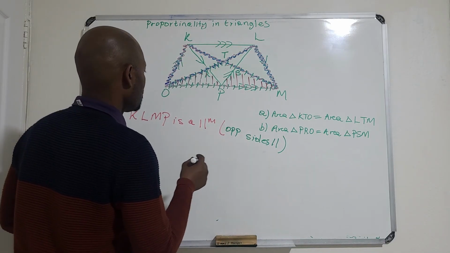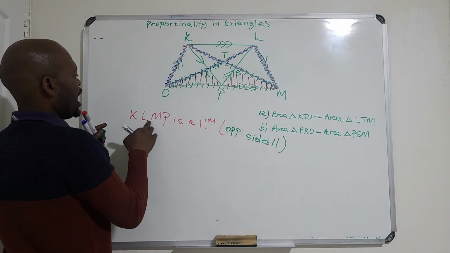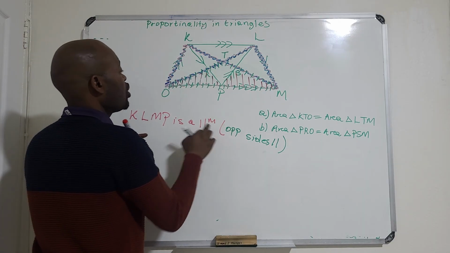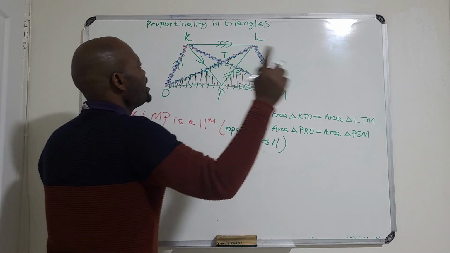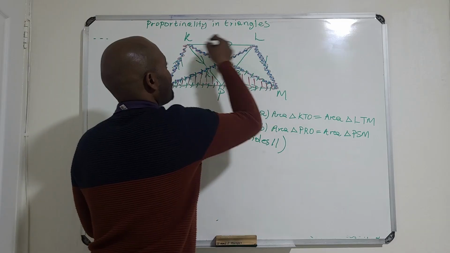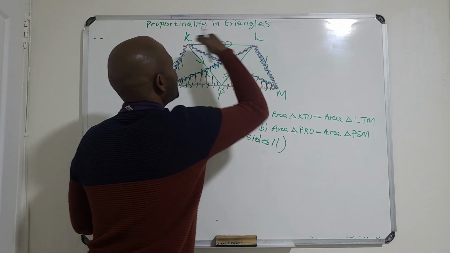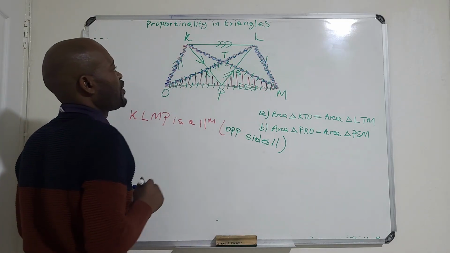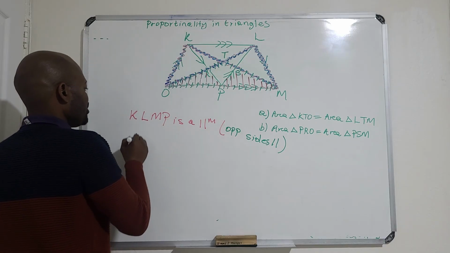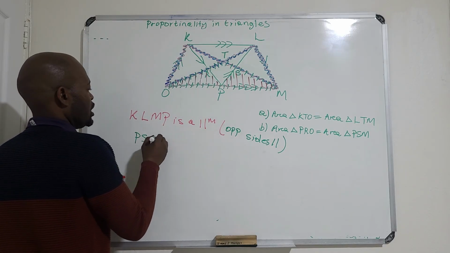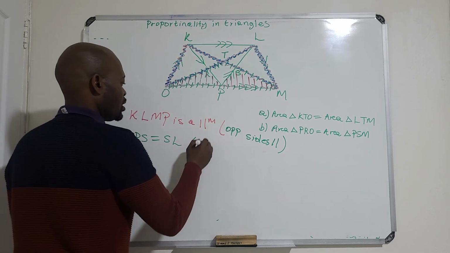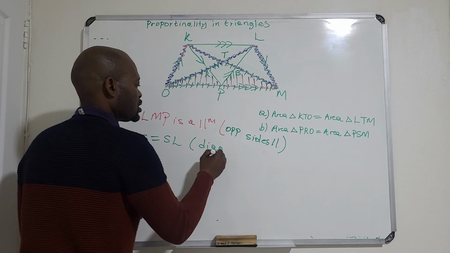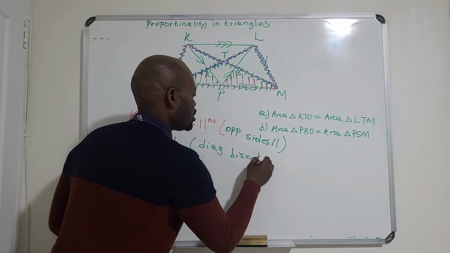Since KLMP is a parallelogram, it means that diagonals bisect each other. Therefore, PS is equal to SL. Why? Diagonals bisect each other.